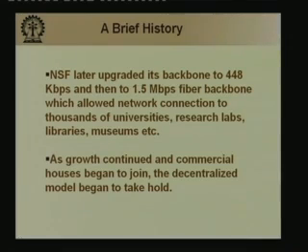This backbone was upgraded to 448 kbps and then to a 1.5 Mbps fiber backbone. And once this fiber backbone was there, communication was really fast. So it allowed network connection to hundreds or thousands of universities, research labs, libraries, museums, etc.